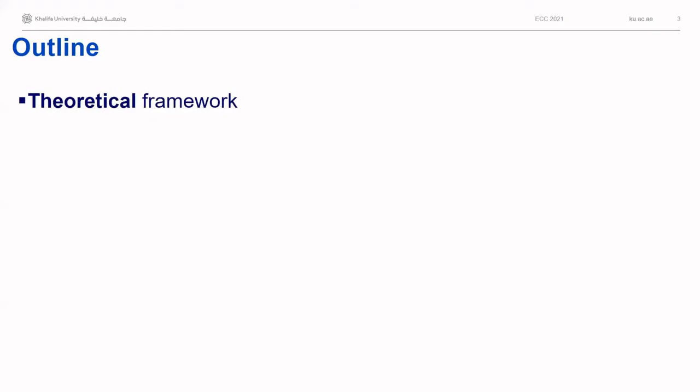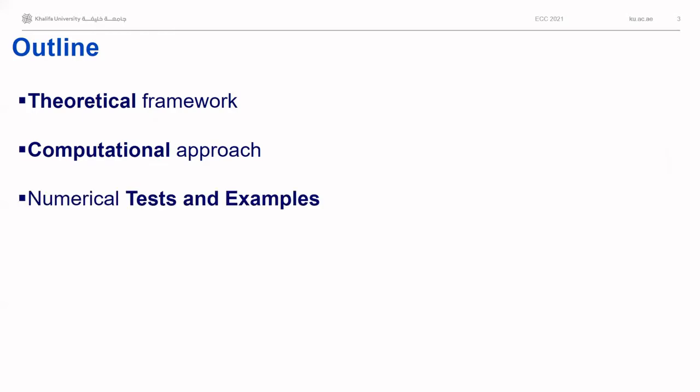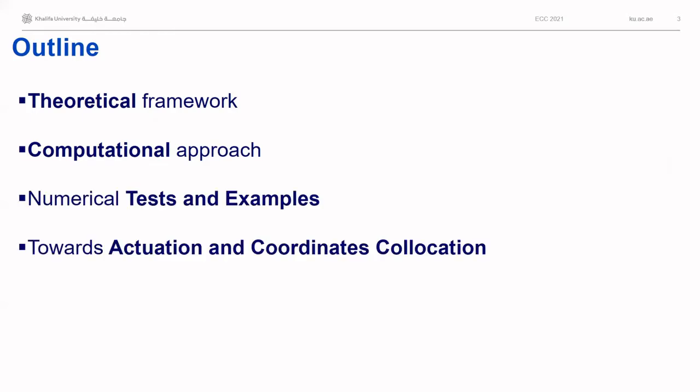Okay, so in this talk, I will present the theoretical framework for this approach, and then I will show some recent computational ways of solving the equations we produce. Then I will show some numerical tests and examples, and then I will move to some applications to specific cases where we will exploit the collocation of actuation and coordinates.